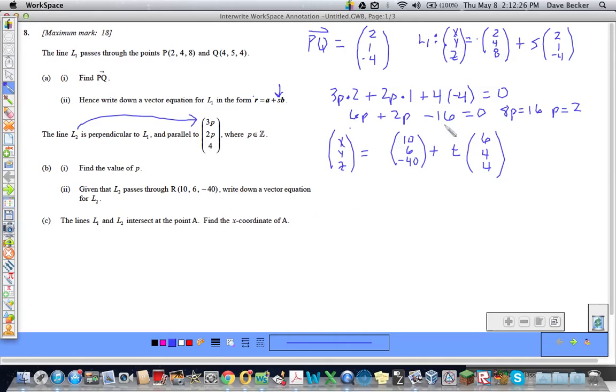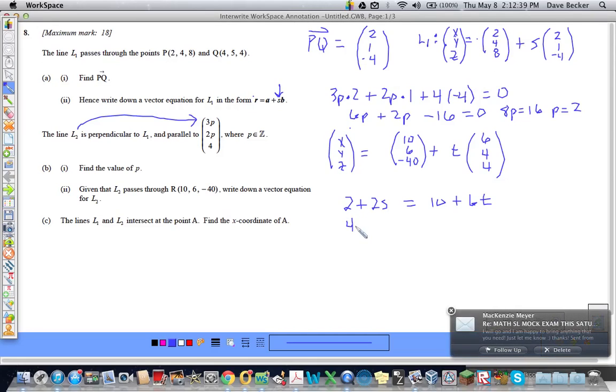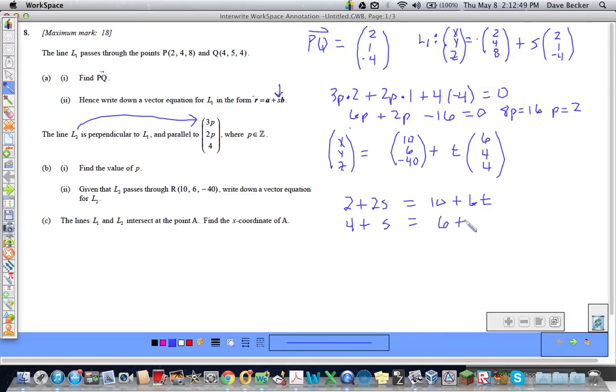So up here I have x equals 2 plus 2s. Well, if that's true, it must be equal to 10 plus 6t. My y's must be equal. 4 plus s equals 6 plus 4t. Mackenzie's going, yay!